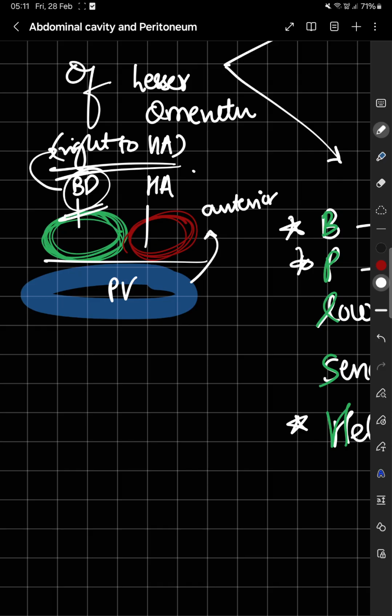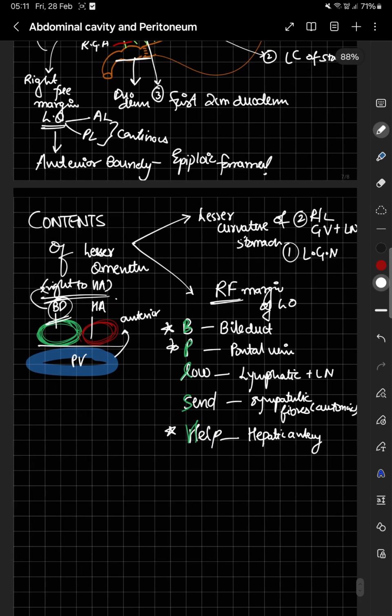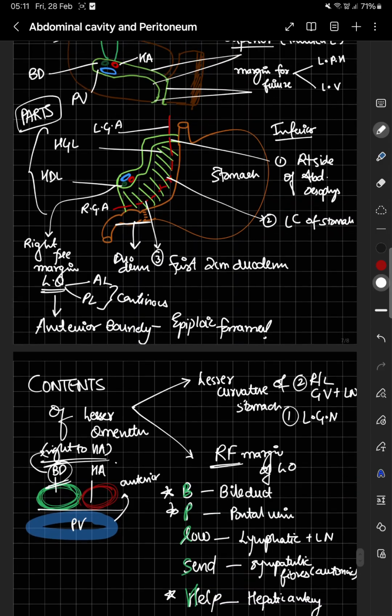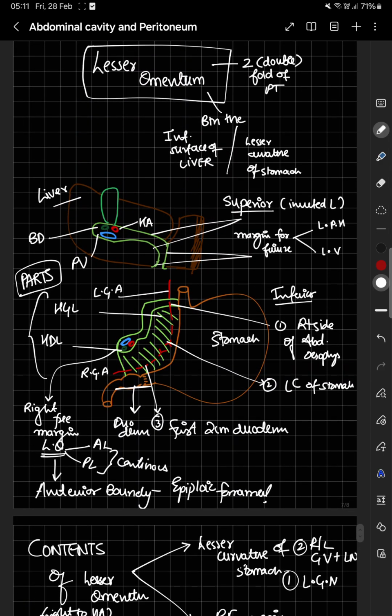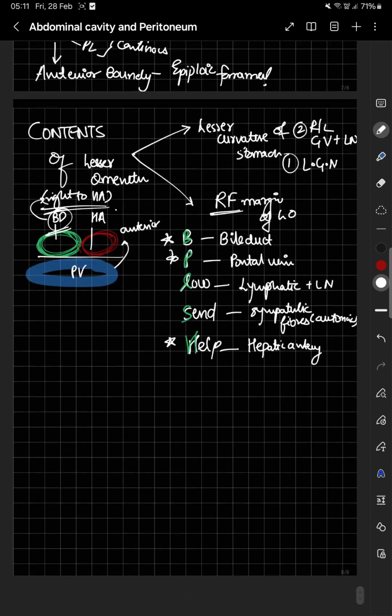So this is all about lesser omentum. We have discussed its contents, its diagram, its attachments, parts, and everything else. Now we'll be discussing the next topic, which would be the right posterior intraperitoneal space, which is basically our hepatorenal pouch or our Morrison's pouch, which we'll be discussing right now.